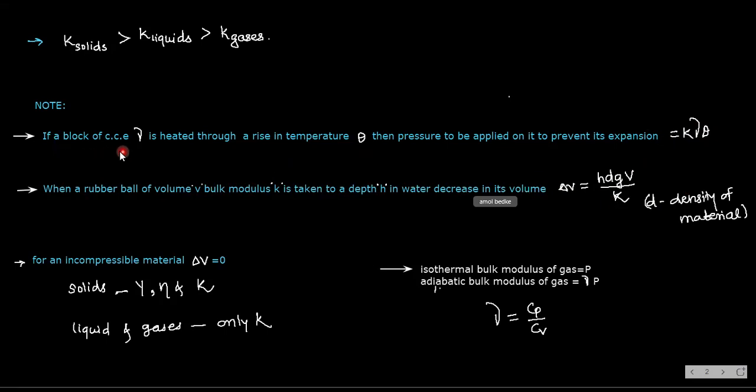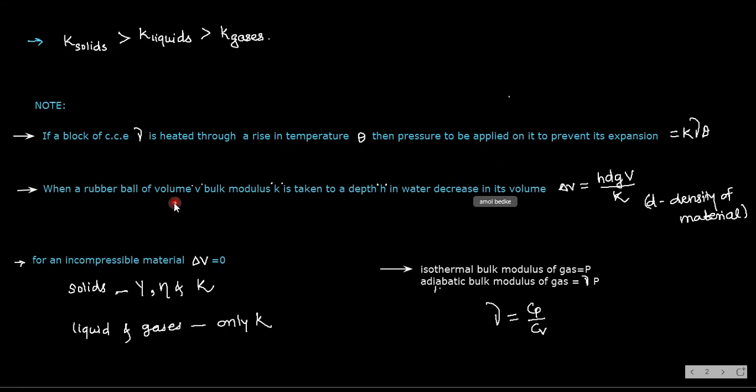See now, if a block of coefficient of cubical expansion, gamma, is heated through a rise in temperature theta, then the pressure to be applied on it to prevent its expansion is equal to K gamma theta. Where gamma is the coefficient of cubical expansion, and theta is the temperature rise, and the pressure we should apply to prevent its expansion is K gamma theta.